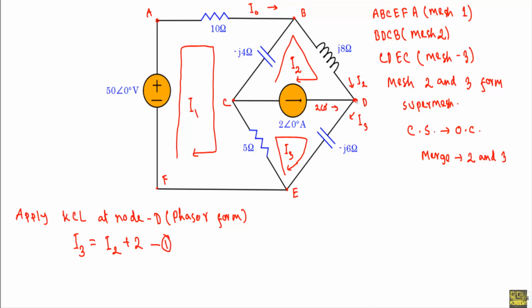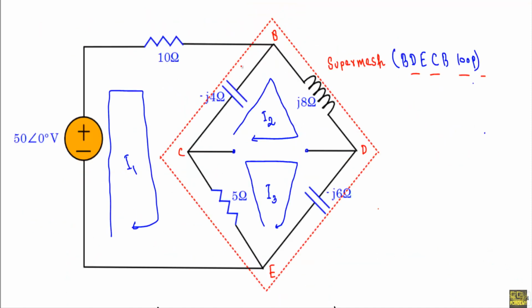After applying Kirchhoff's current law at this node, we will apply Kirchhoff's voltage law around the supermesh, and this is our supermesh.